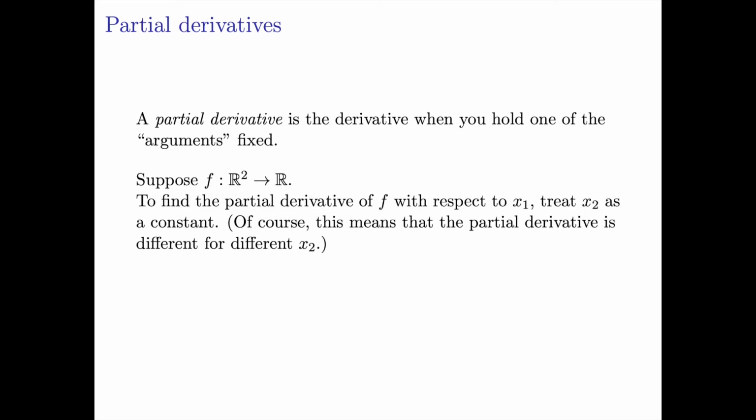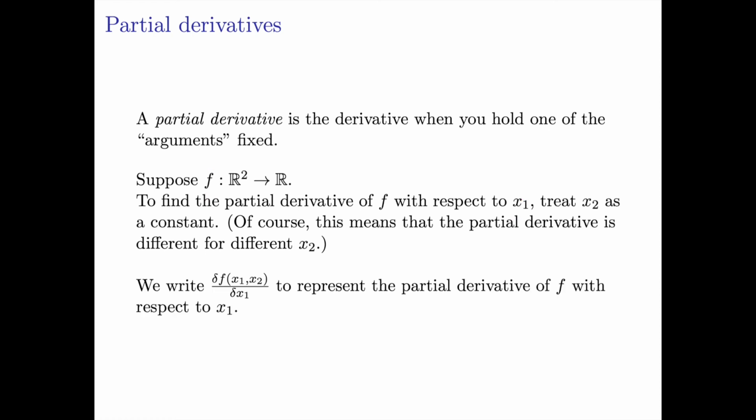So let's stick with a 2-variable function, and we want to find the partial derivative of f with respect to x1. We're going to treat x2 as a constant. Obviously, this is going to mean the partial derivative with respect to x1 is not going to be the same as the partial derivative with respect to x2, because when we take the partial derivative with respect to x2, we're going to treat x1 as a constant.